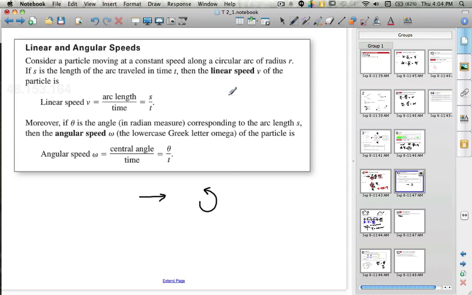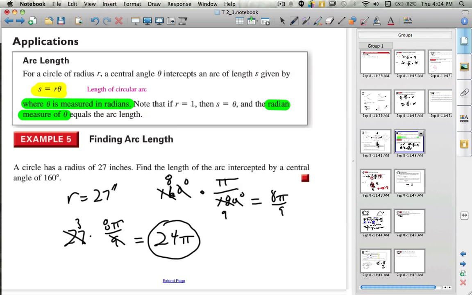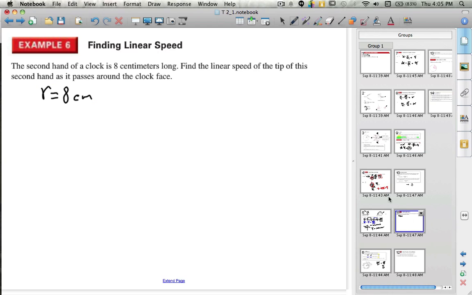But my arc length is going to be calculated by the radius, which is 8 centimeters, times the angle. Well, if it goes all the way around, my angle will be 2 pi. So S will be equal to 8 times 2 pi, which would be 16 pi centimeters.